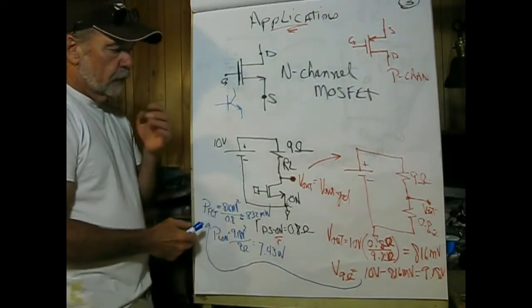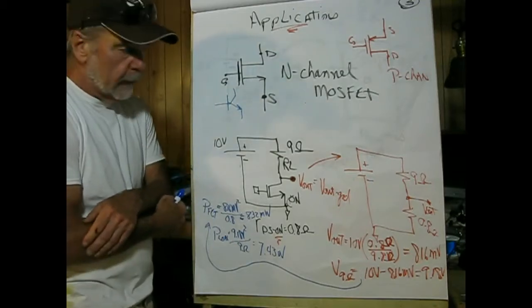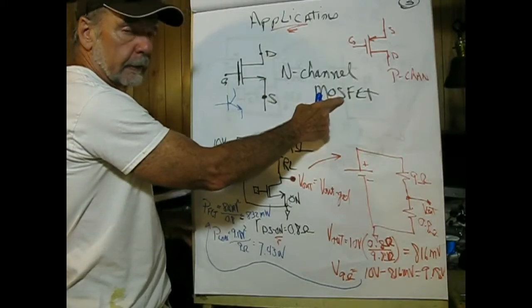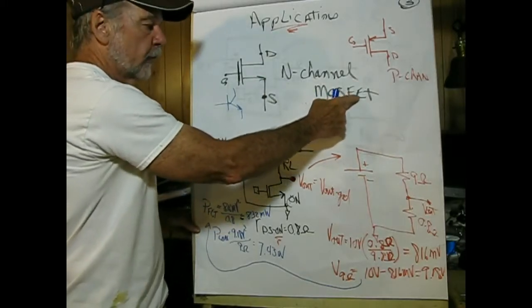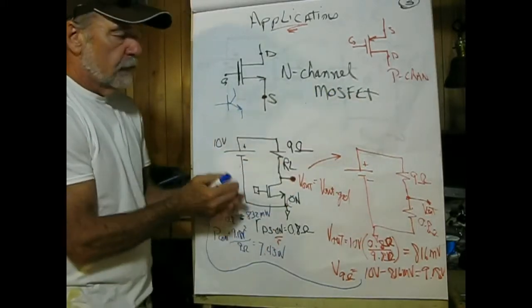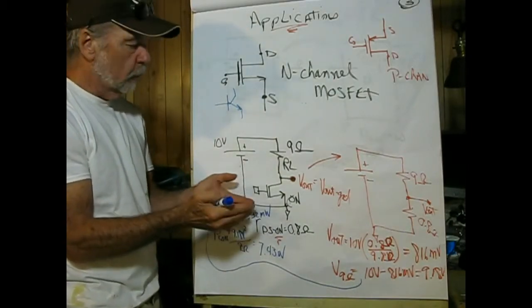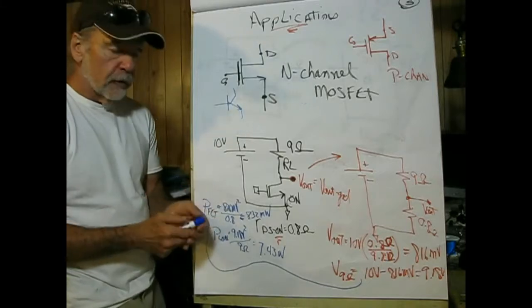What we're going to do is start with a relatively complicated device called an N-channel metal oxide semiconductor field effect transistor, and this is the workhorse for DC switching, and it does have a big brother which I won't speak to. Its operation is very simple.